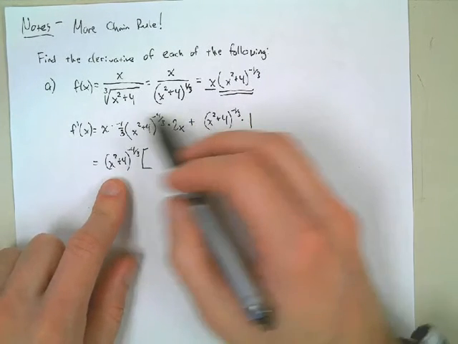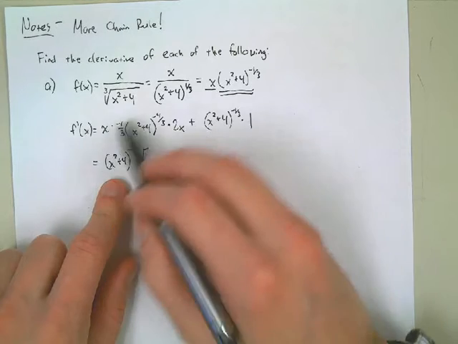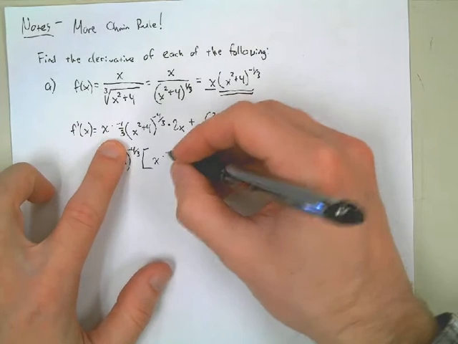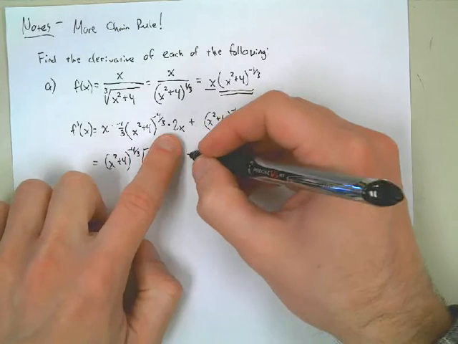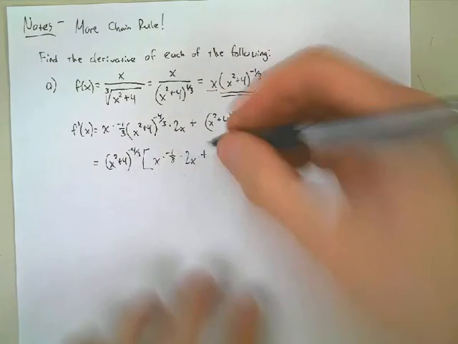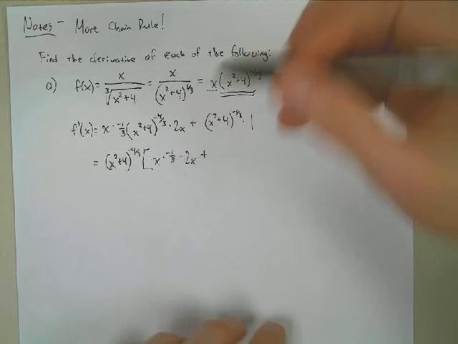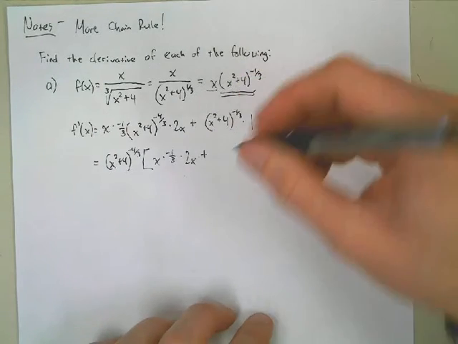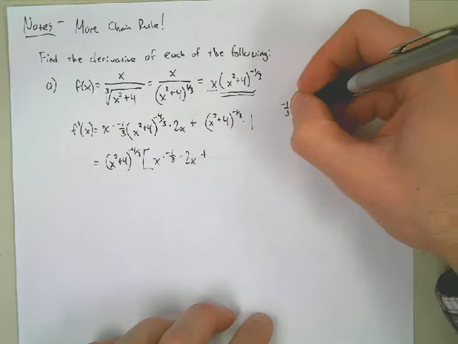If I factor that out from here, what's left over? Well, still have the x, still have the negative 1/3, still have the 2x. If I factor negative 4/3 out from here, what's negative 1/3 take away negative 4/3?